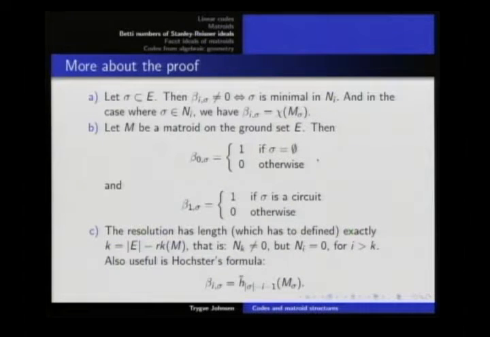And you can also say something about the length then, according to this theorem. And that is, since this nullity can't be more than E minus rank M. And that's what we've called K, the dimension of the code. If we start with the code, that's the dimension of the code.